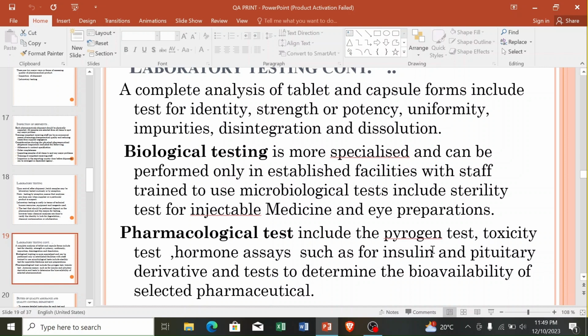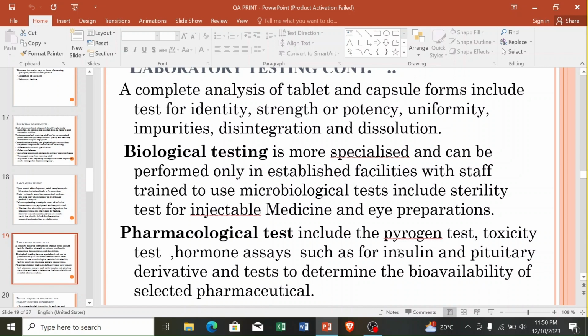It is more specialized and can be performed only in established facilities with staff trained to use it. Microbiological tests may include sterility tests for injectables, and medicine and eye preparations can also be tested. We can also do antimicrobial tests or microbial tests. We are looking out: does our product contain any microorganisms in it?